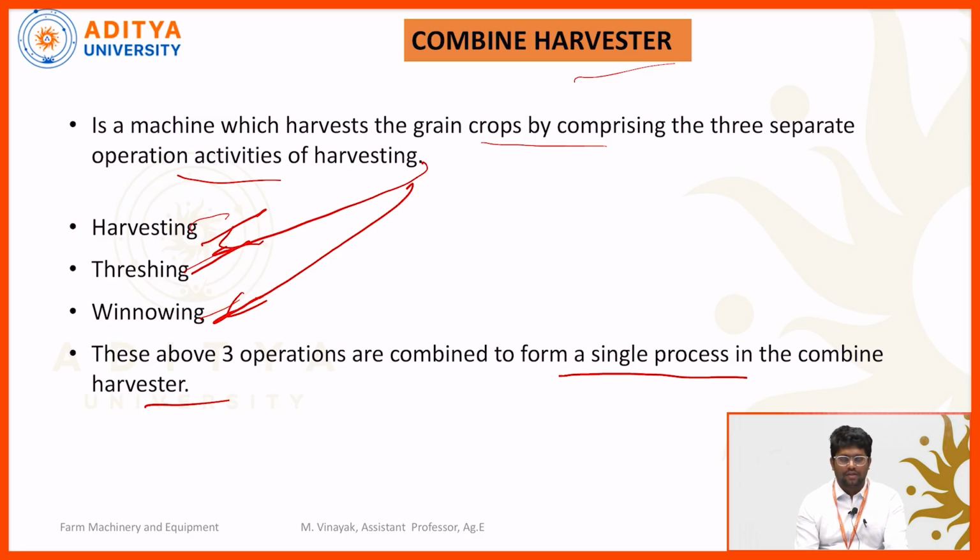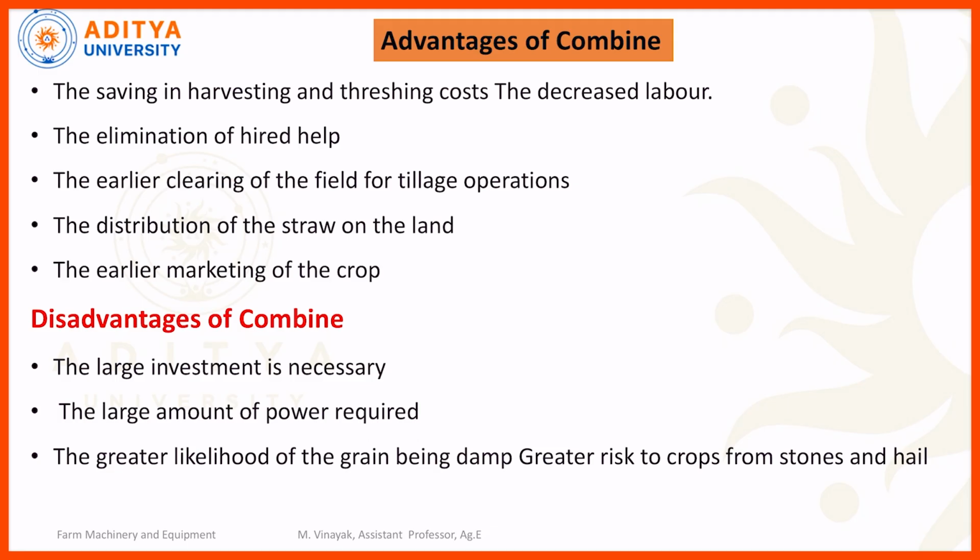Okay, let us look at the next slide. We can study the advantages of the combine harvester. First one is saving the harvesting time and threshing cost and decreasing the labor. Suppose in the traditional method of harvesting, almost 200 to 300 laborers were required to harvest 1 hectare of land area.